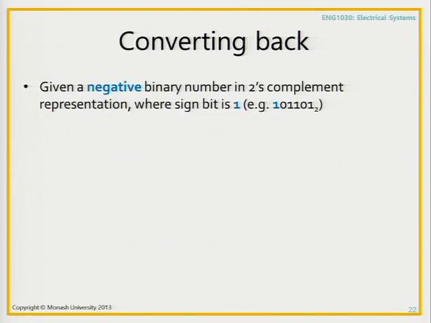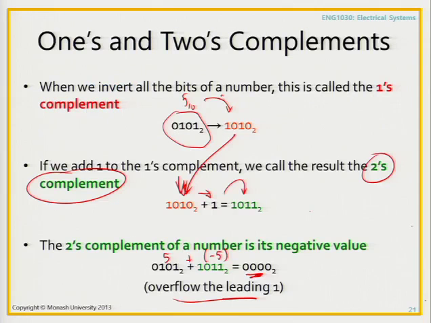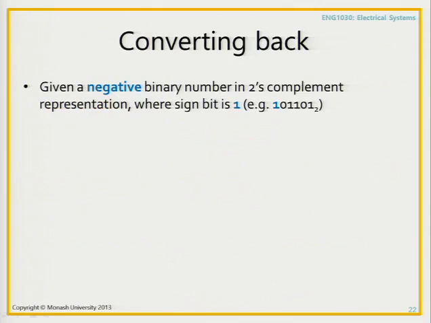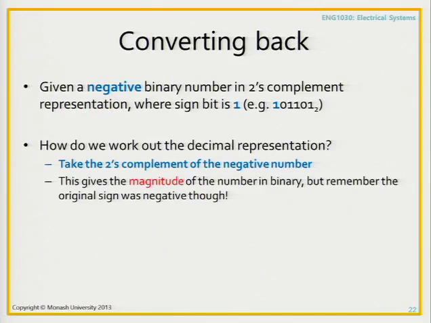And conversely, if you're given a negative number, and in this case a negative number is represented where the initial bit, the very most significant bit, is a 1, then to figure out the magnitude of that number, you need to take the 2's complement of that negative number, and that'll give you the magnitude of the original number. Okay? So in this case, we don't know what this number is.